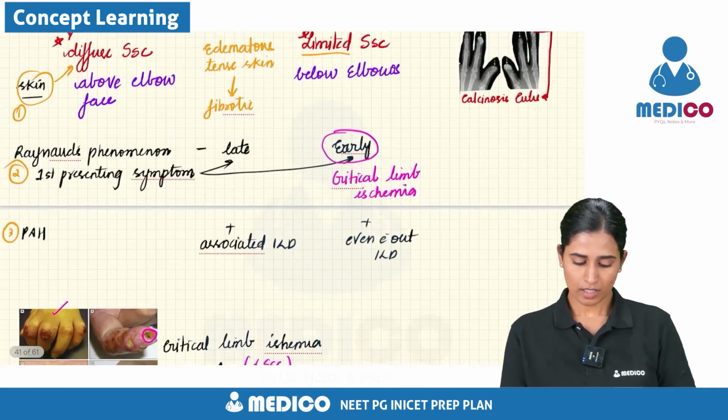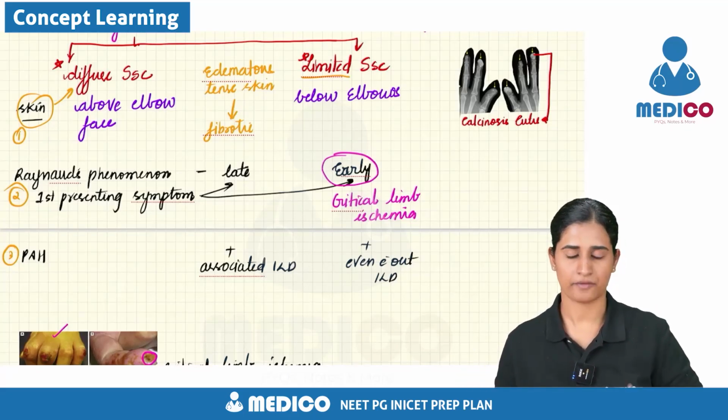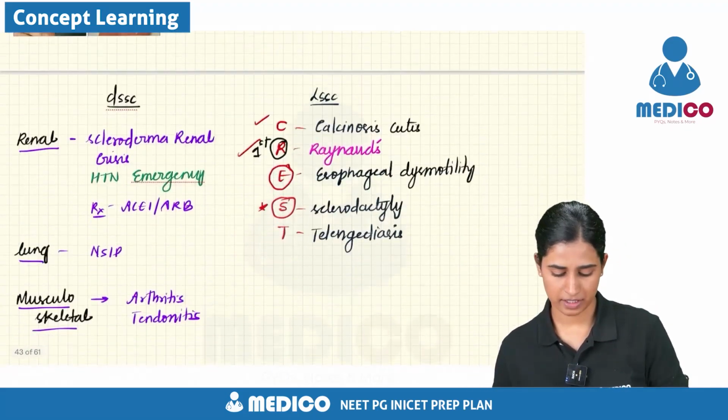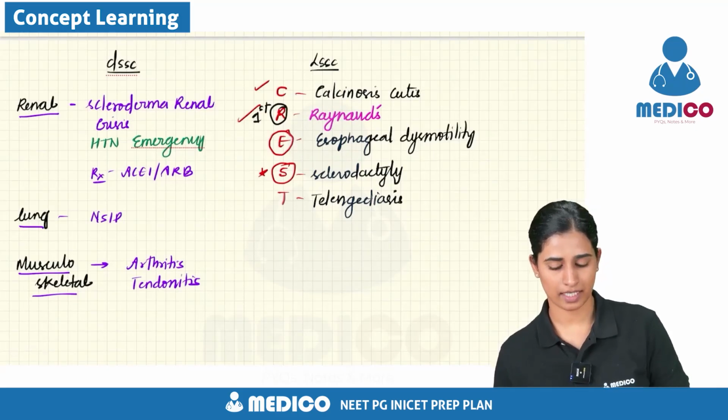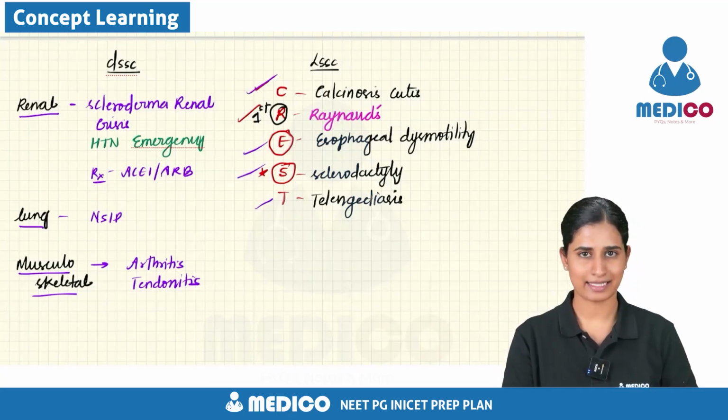So we know what's the skin presentation, how is the Raynaud's phenomenon, how is the PAH, and other manifestations like renal, lung, musculoskeletal, and other manifestations in CREST like telangiectasias, sclerodactyly, esophageal dysmotility, and calcinosis cutis.